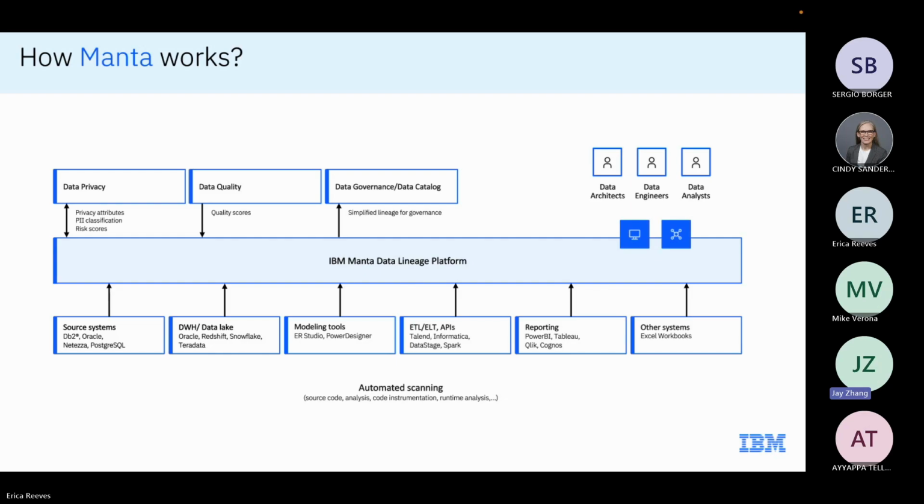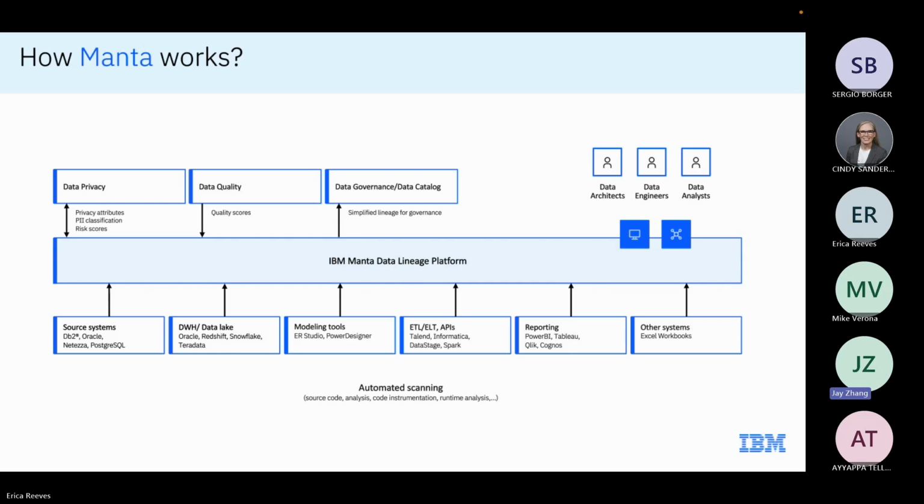in feeding the information if we were to find out about data privacy and data quality. And IKC is not the only data catalog Manta can be integrated with, right? From a go-to-market perspective, there's a lot of different competition in the marketplace. IBM Knowledge Catalog is not the only solution from a catalog perspective.